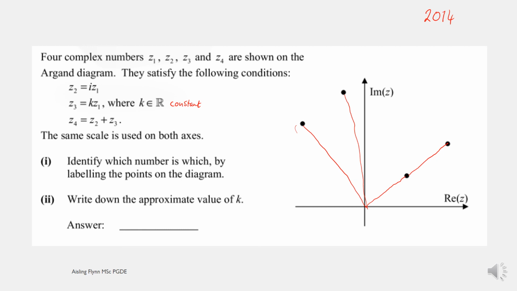For example, the second piece here, I can tell that it's multiplying by a constant, so that's either dilation or contraction, depending on whether k is more or less than 1. So I can tell straight off that z1 and z3 are this pair here. But right now I don't know which one is which, so we'll bear that in mind.